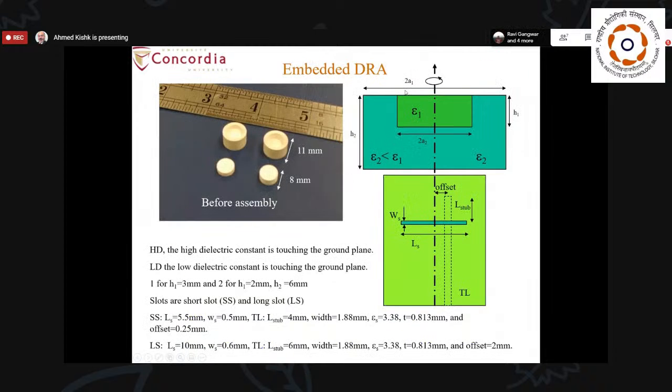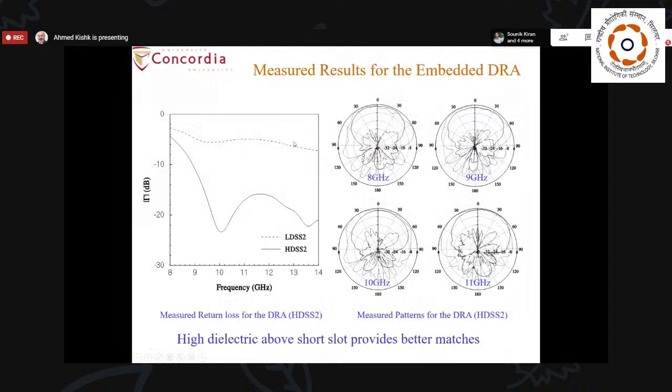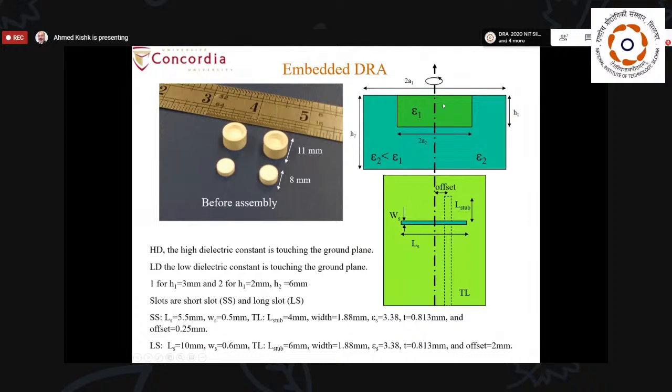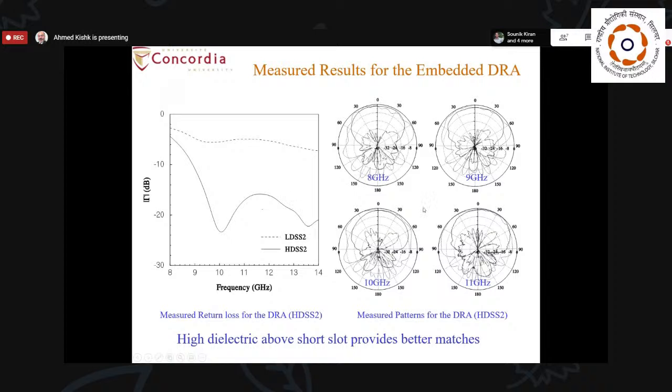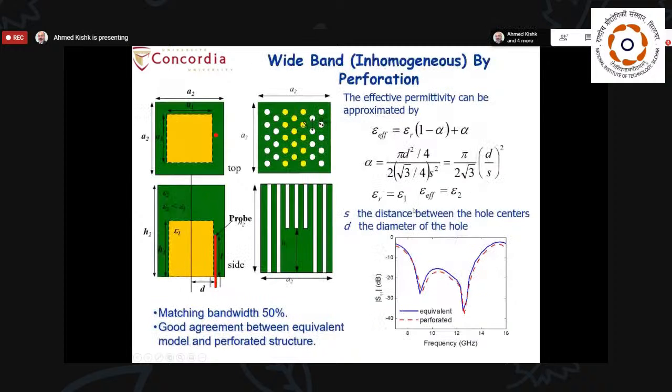But if you flip this, so that the high dielectric constant is sitting on the slot, you can find that we lose the match. But we can gain this bandwidth if we change the dimension of the slot. So if I have the high dielectric constant on the bottom of the slot and the lower one above, we can reduce the length of the slot to make it resonate with this high dielectric constant, and we can achieve similar wide band with similar radiation characteristics.